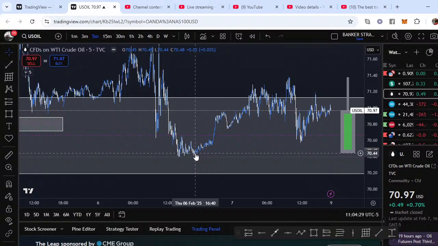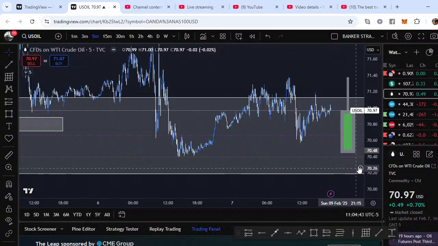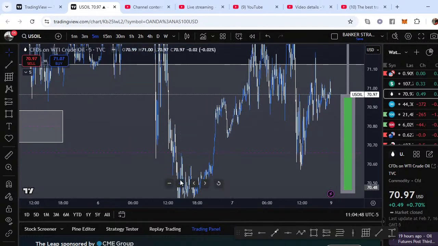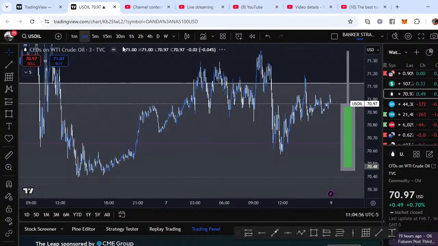So what we do on a smaller time frame is exactly what we're doing on the higher time frame. If we know our bias is bullish, we're only looking for buys. So once we see a willingness to buy, right? Let's go on the 1 minute time frame. Actually, let's go on a 3 minute.